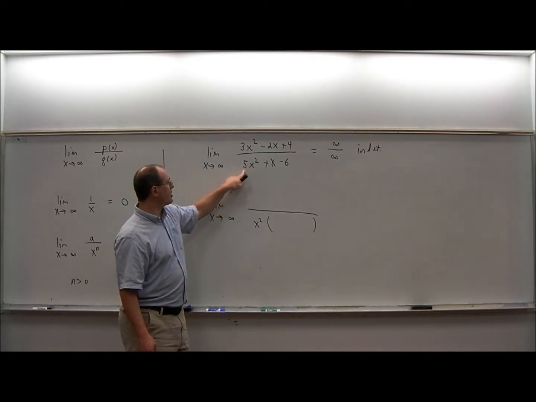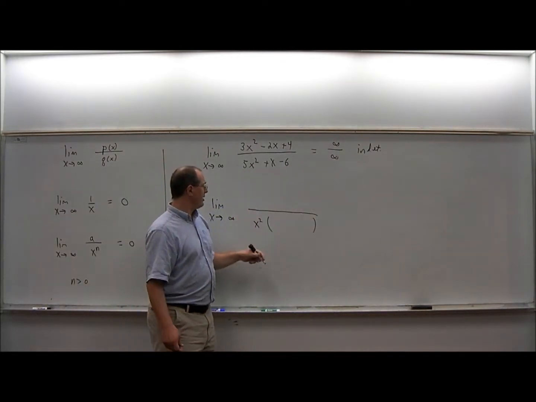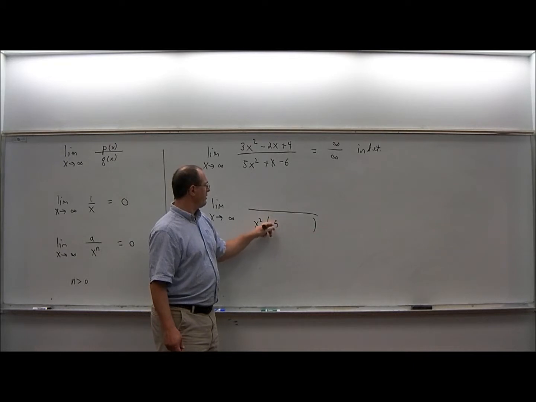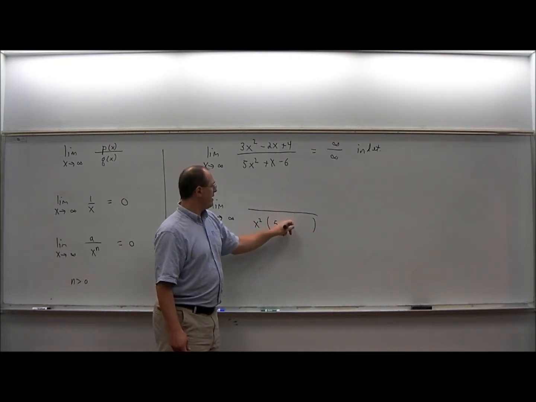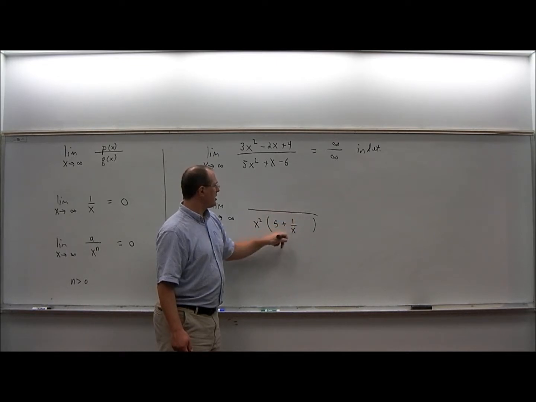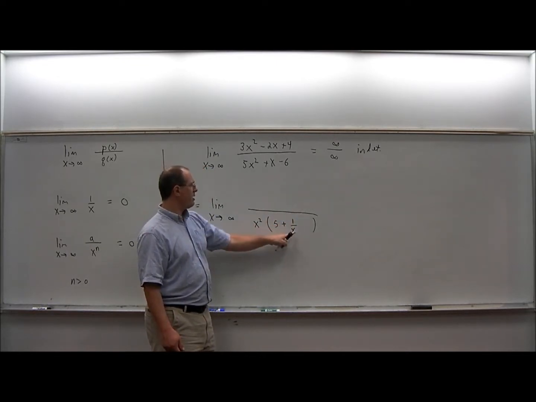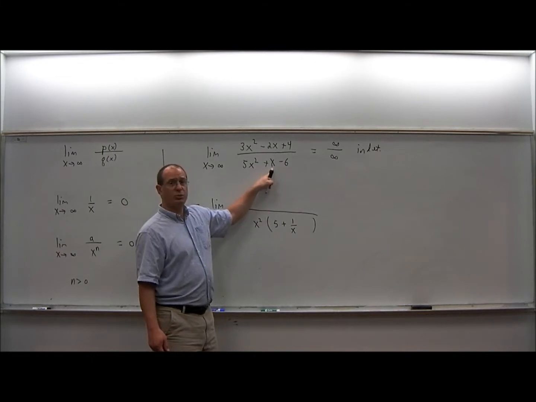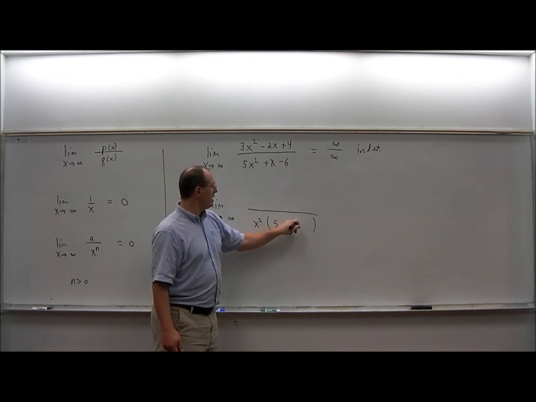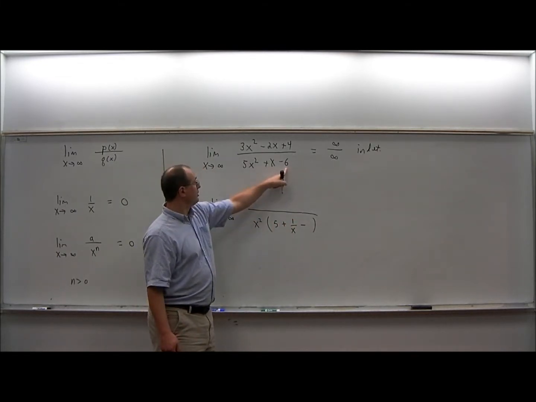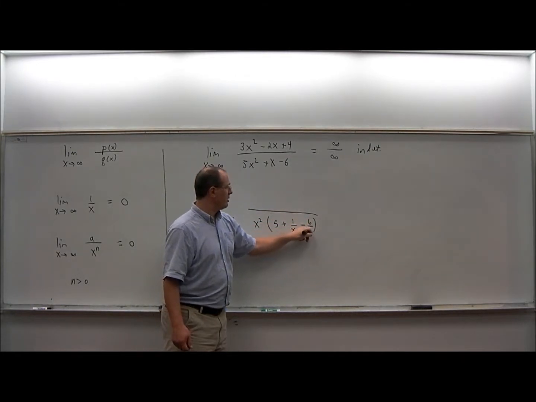So when you factor x squared from the denominator, you'll be left with 5. That makes 5x squared. And then plus, you're going to have here 1 over x. When you multiply x squared times 1 over x, you will get x. And then minus 6 over x squared.